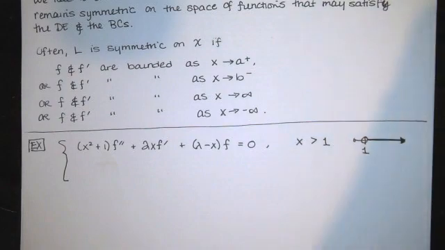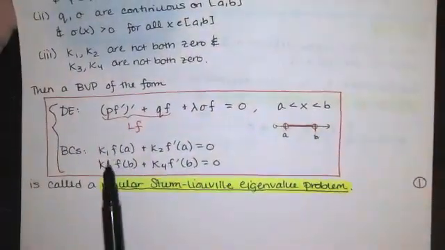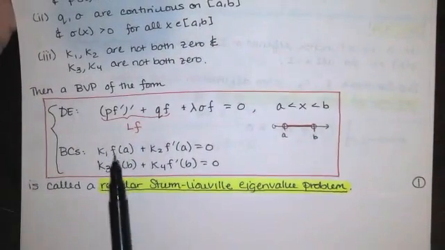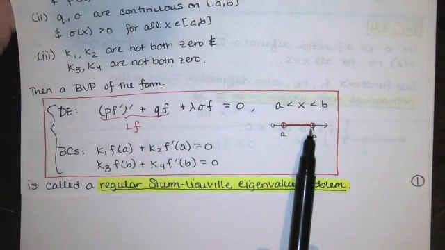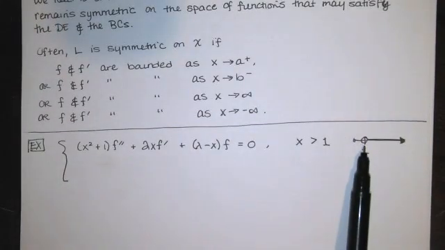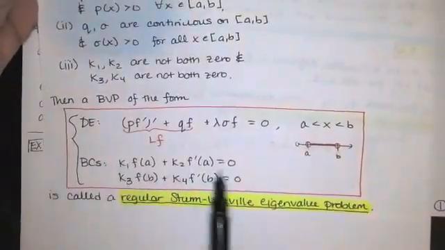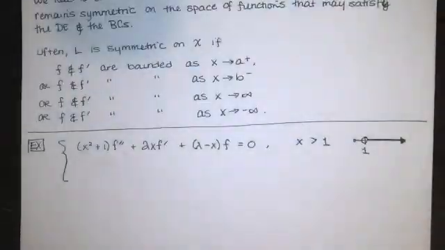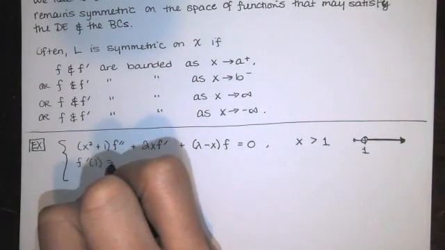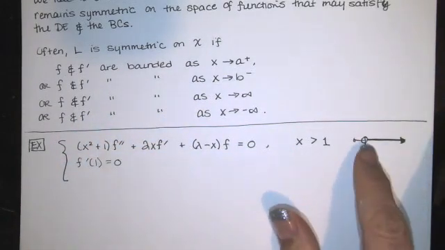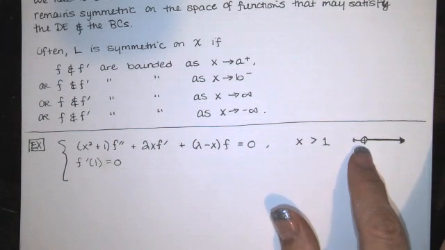Now, normally, when we're dealing with a regular Sturm-Liouville problem, we've got boundary conditions that specify the relationship between f and its derivative at the left endpoint and the right endpoint. Now, we only really have a left endpoint here. So we're still going to have this first boundary condition. In our case, we're given that f prime of 1 is equal to 0. So they're telling us something about what happens on the left.